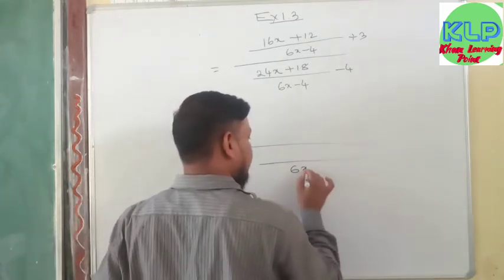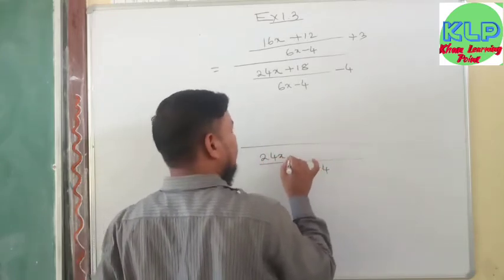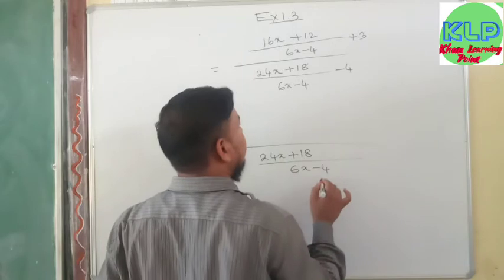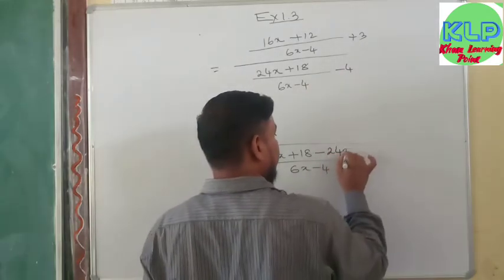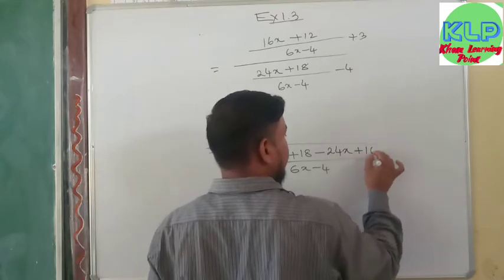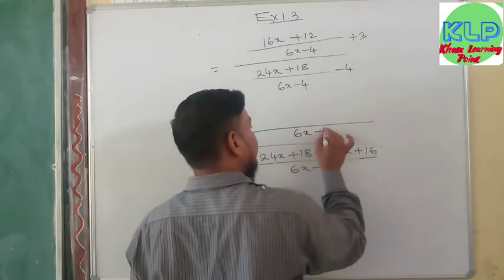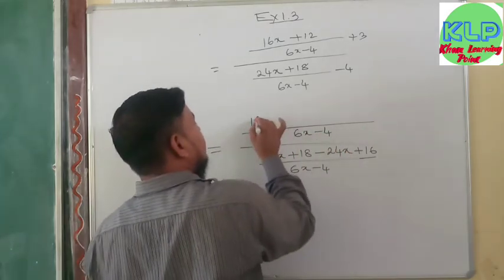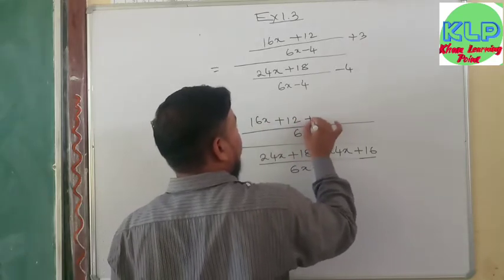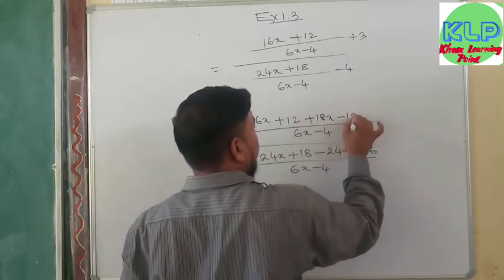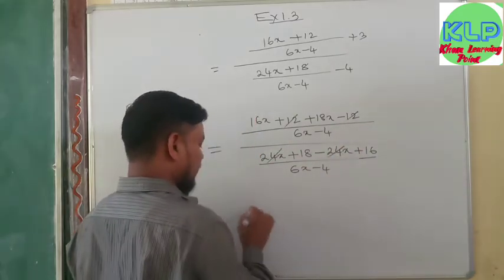Here 6x minus 4, 24x plus 18 minus 4 6s are 24x, minus minus plus 16. Here also 6x minus 4, 16x plus 12, 3 6s are 18 plus 18x minus 12, minus 12 plus 12 minus 24x plus 24x.